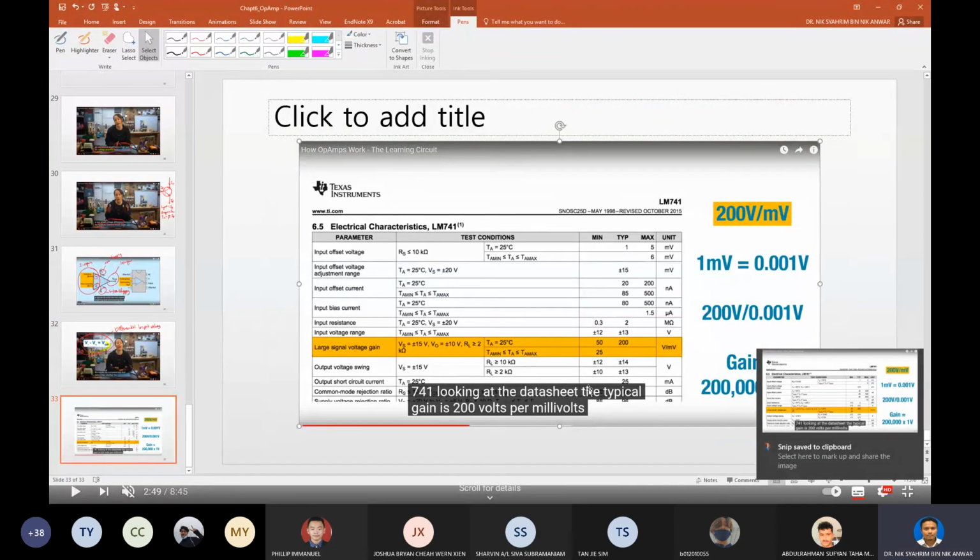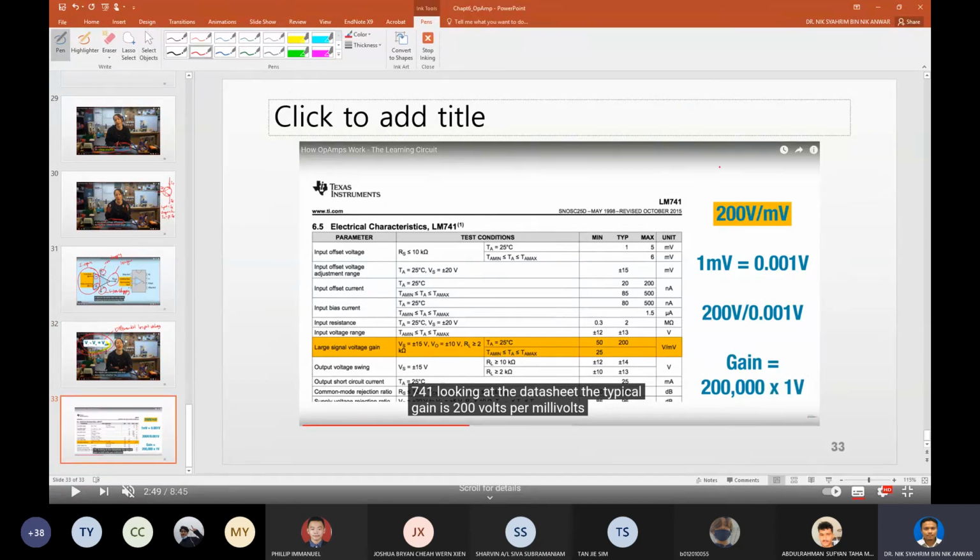Okay, so you see here, from the datasheet, the gain is normally denoted as A, where A is the output over the input. So it's roughly 200,000.